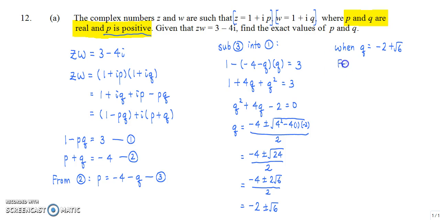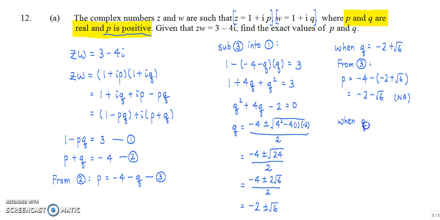Therefore, from our equation 3, p equals negative 4 minus q, which gives us negative 2 minus square root 6. This clearly is not the answer that we want, so we will reject this set of values.